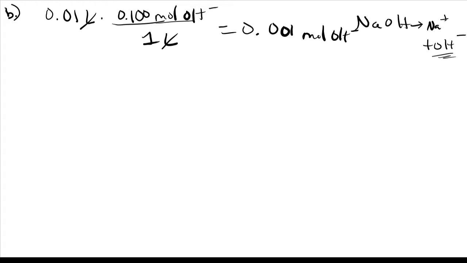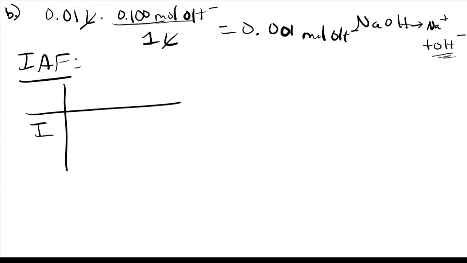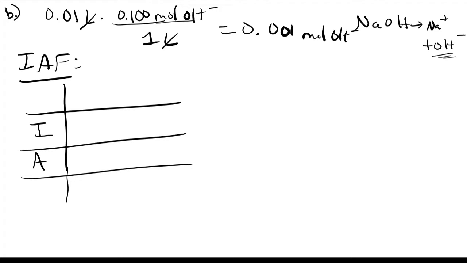Now what we want to do is an ICF table. So I stands for initial, and then A stands for addition, what happens if you add, or you could call it after, and then the final. So what is the reaction?